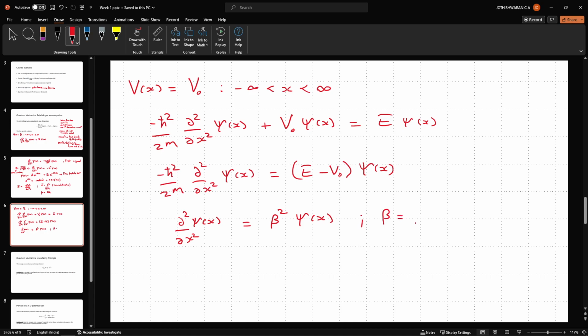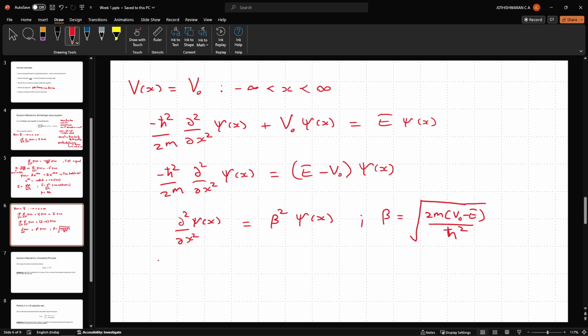beta is this quantity over here. It is square root of (V0 minus E) by, oh sorry, forgot the mass factor. It is square root of 2m into (V0 minus E) by ħ squared.